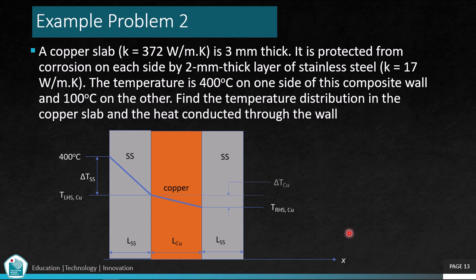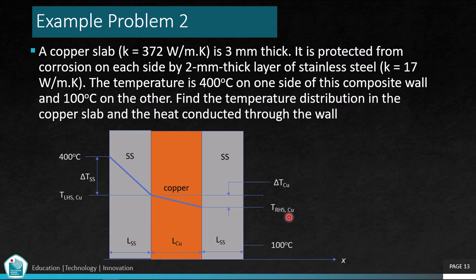And this is the delta of the change of the temperature of the copper, because at the beginning it is T_LHS copper and at the end it is T_RHS copper.